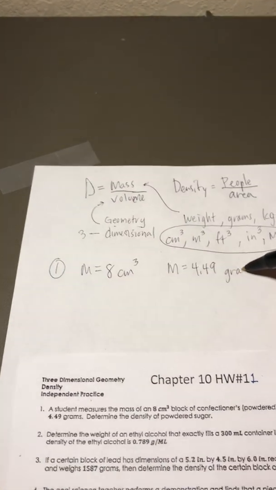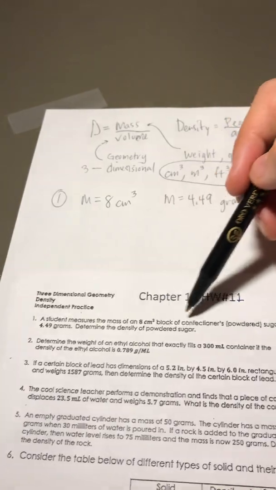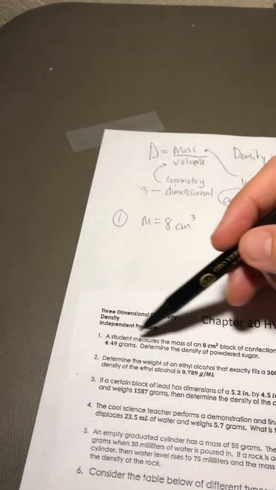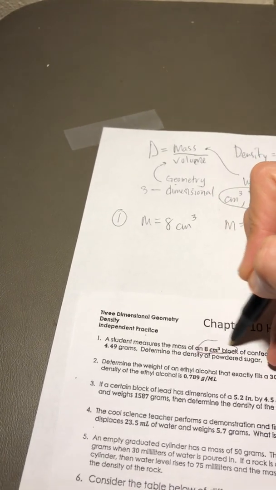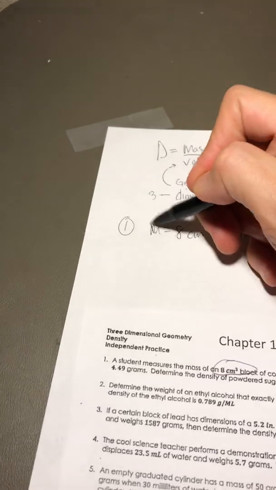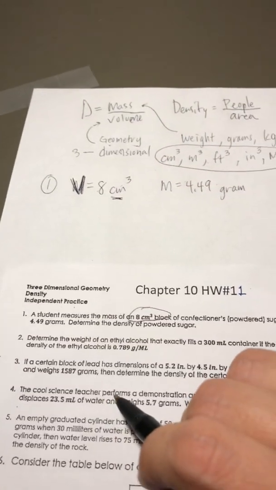And so notice how the review of what we set up here is important, because the way they say it looks like mass is this, but if I read, they're saying the mass is actually 4.49. And the block itself is 8 centimeters cubed. So using this as a guide, they really are telling me the volume, because that's what centimeters cubed means.